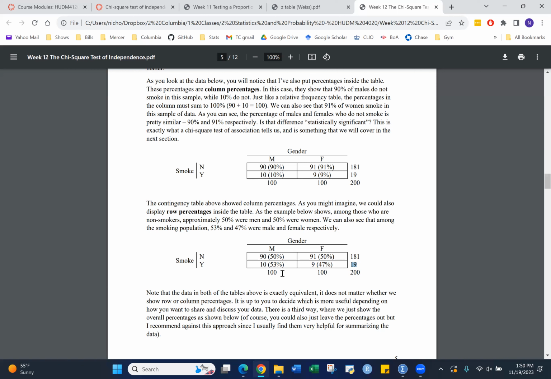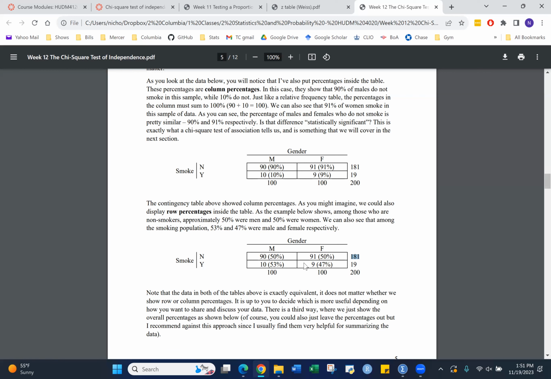So you can see that people can deceive you with small sample sizes, because this 6% difference among smokers, males are 6% more likely to be represented in that category. But that's very misleading because 6% when you only have a head count of 19 is, you can literally see, a 1 person difference. So up here where you have 181, you can see the rounding is still at 50%.